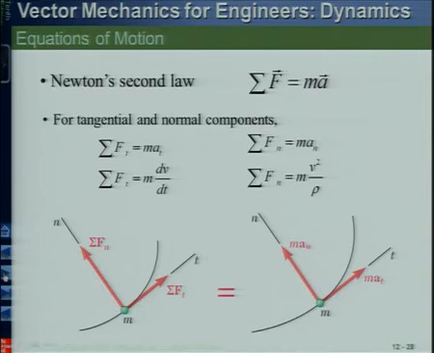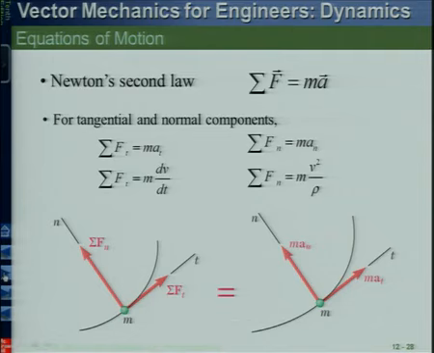So in path coordinates, when we apply Newton's law, F is equal to ma. We write F as, I had done it last time, Ft et plus Fn en. Sum of forces in the normal direction will be equal to mass times acceleration in the normal direction.